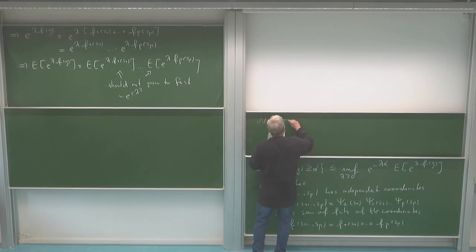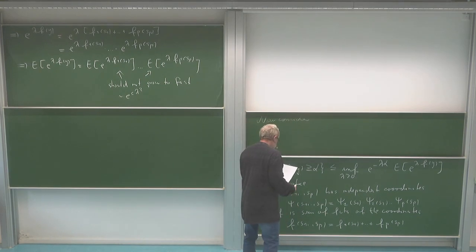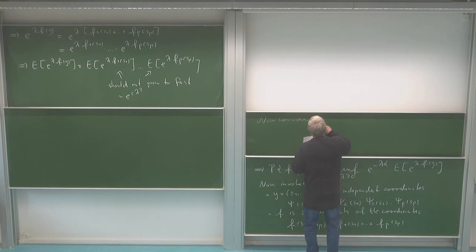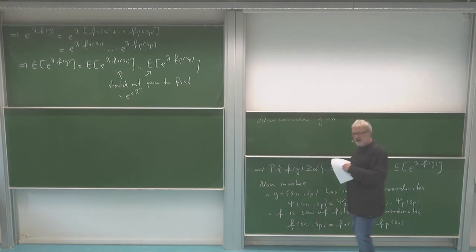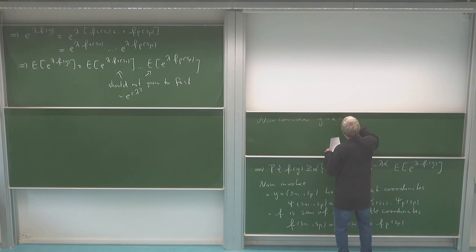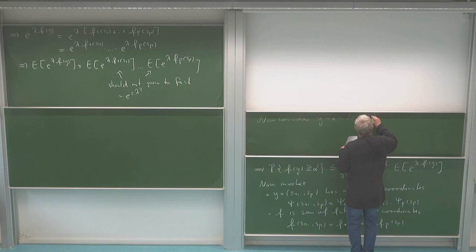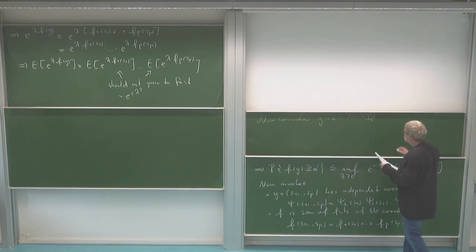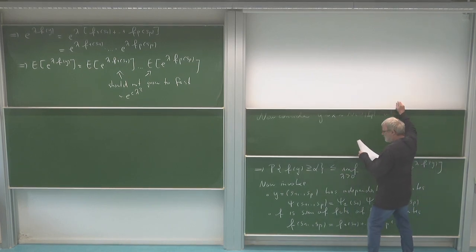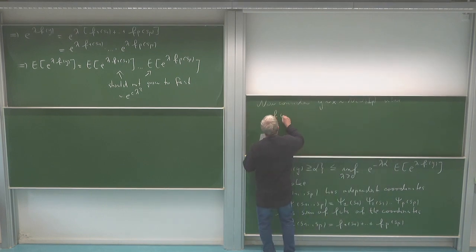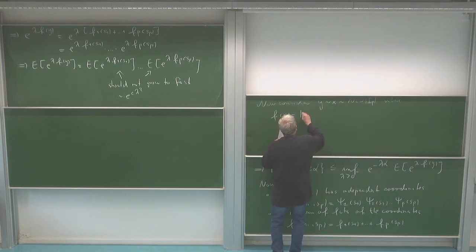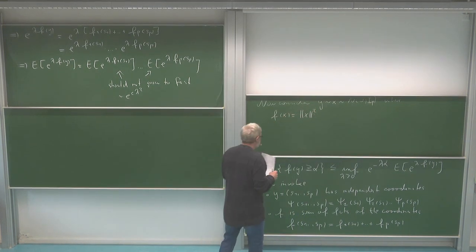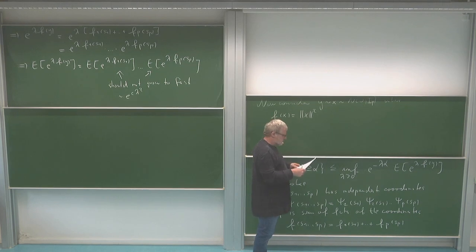So now we really treat this situation where my y is now really what I usually call x, the specific x, which has the standard Gaussian distribution in p dimensions, and where my f of x, so this is the norm squared.